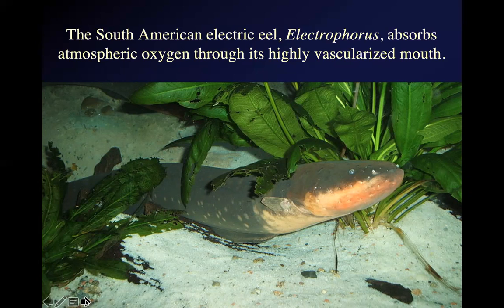And it gulps air and absorbs the oxygen through its mouth, and the lining of its mouth is loaded with capillaries that absorb the oxygen. That's exaptation again. It's not the evolution of something new. It's taking things that are already there, a mouth with a mucous membrane with capillaries in it, and retooling it to do something that it couldn't do before.